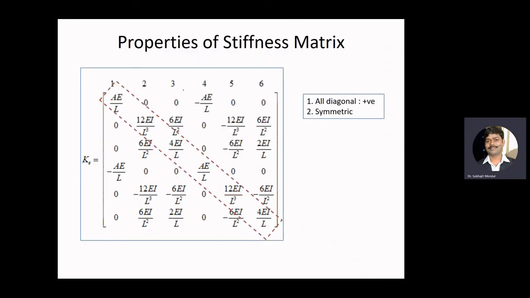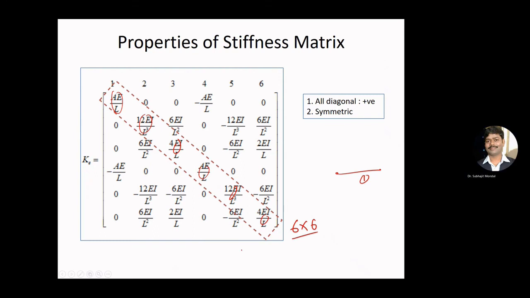Now here you see in the frame element, the size of the stiffness matrix is 6 by 6 because we have 6 degrees of freedom for a frame element, and all the diagonal terms are positive, and the stiffness matrix is symmetric.